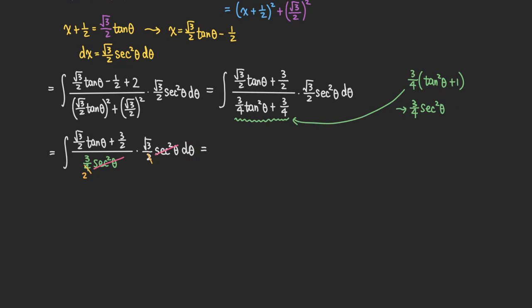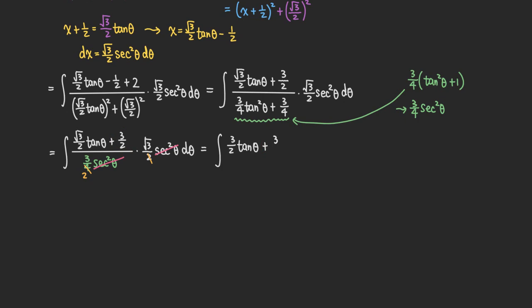Okay, so we do that, right? Then you are going to be getting, okay, so you can distribute this radical 3 to that one. Radical 3 times radical 3, you just get the 3, right? So you get 3 over 2 tangent theta, okay, plus, now what do we have here? Multiply that by the 3 over 2.